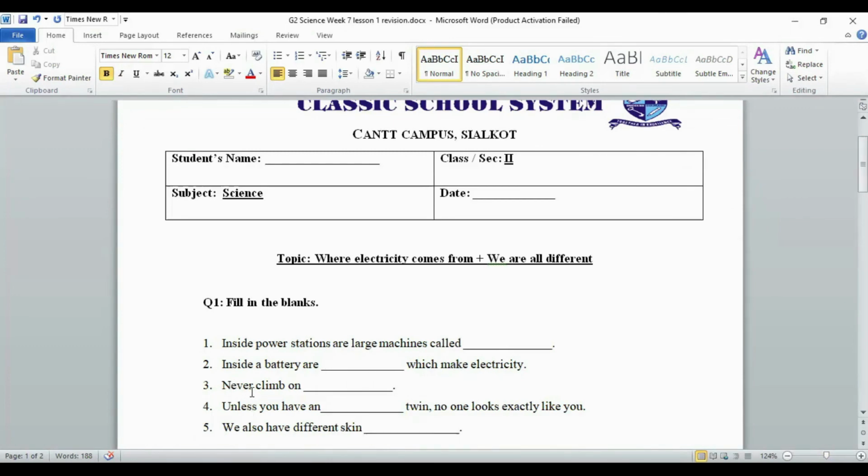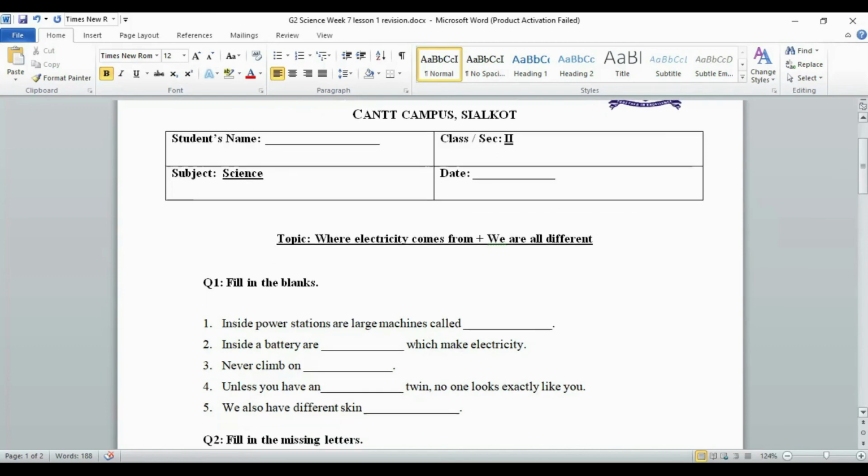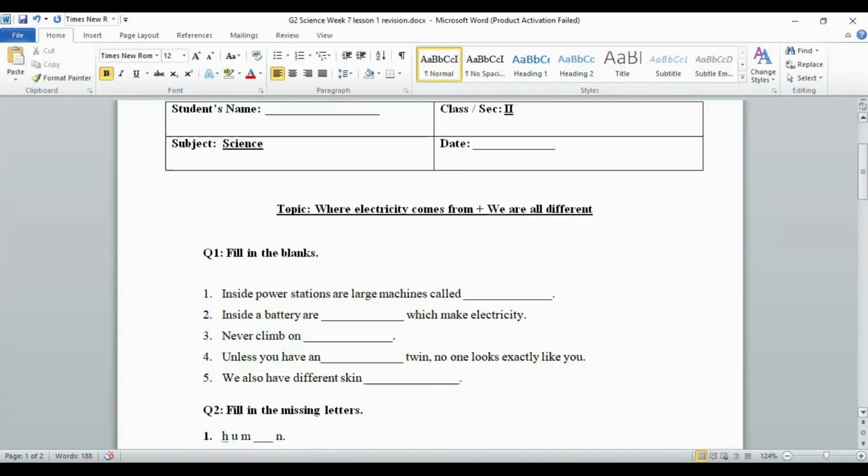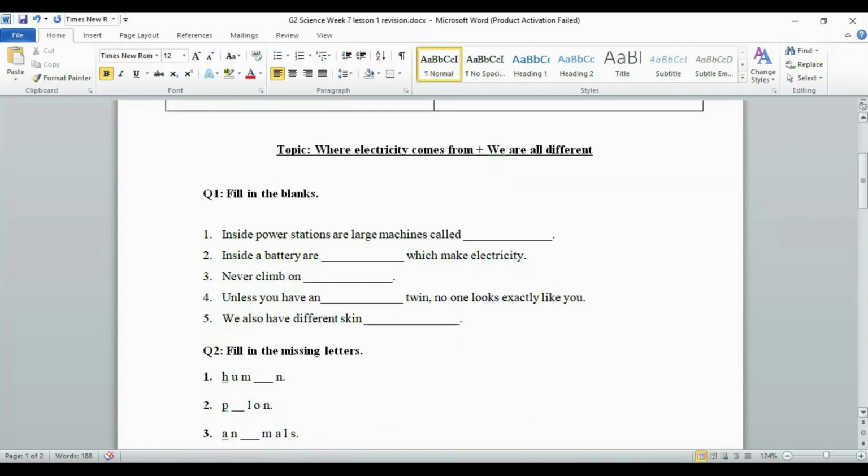Number three, never climb on dash. Number four, unless you have an dash twin, no one looks exactly like you. Number five, we also have different skin dash. So I think all of these fill in the blanks are pretty easy. So you must be able to do them by yourself.